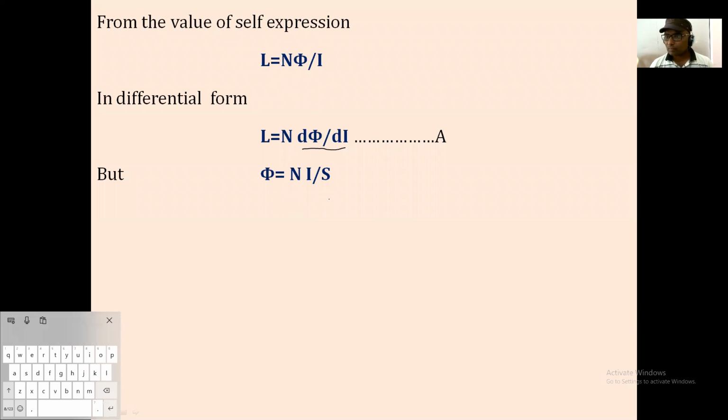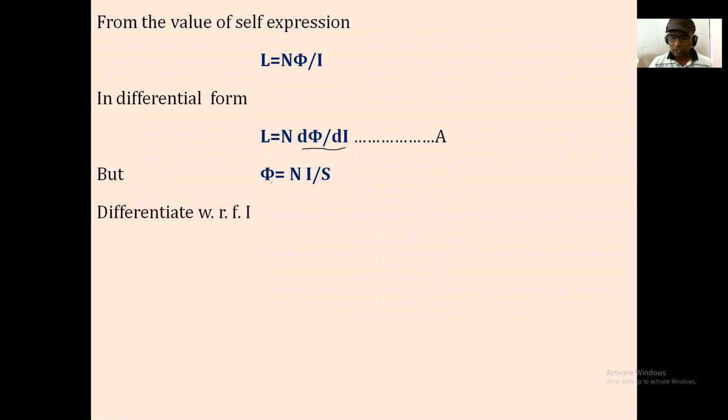Yes please, correct. It's n upon s. It remains because if I want this ratio d phi by di, I can differentiate with respect to I on both sides, and here we got d phi by di is equal to n by s.